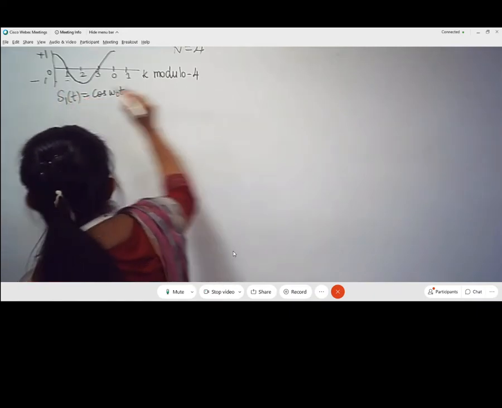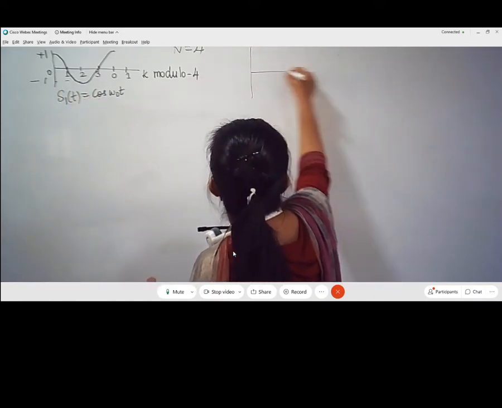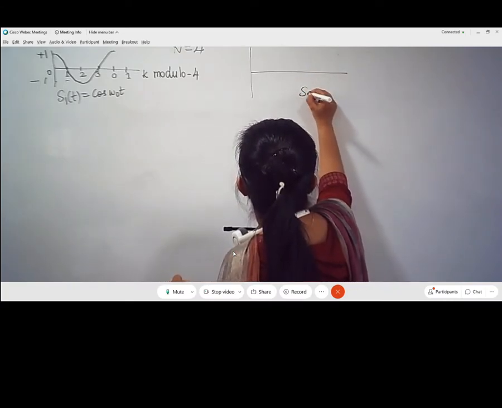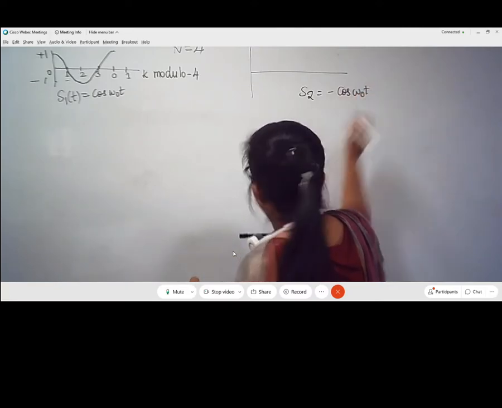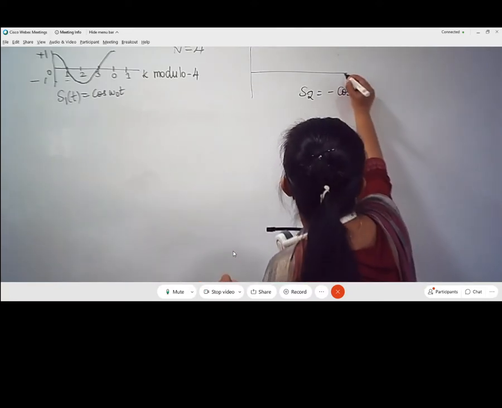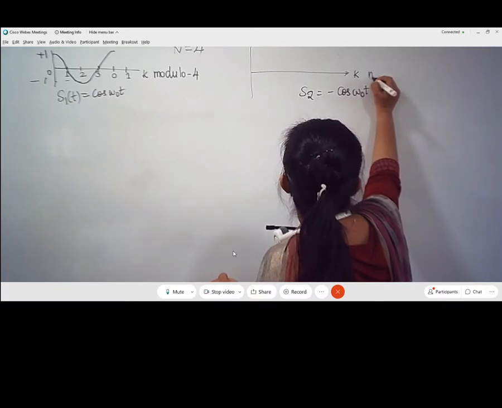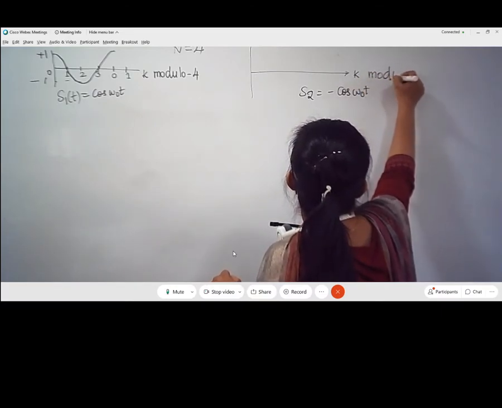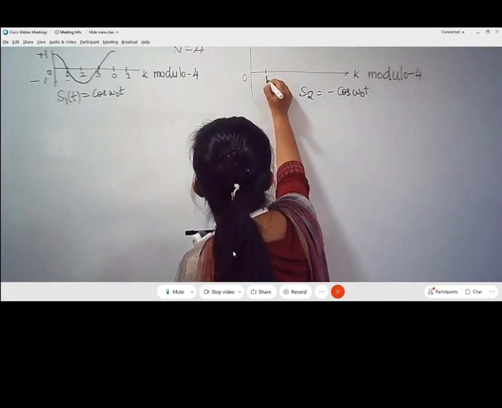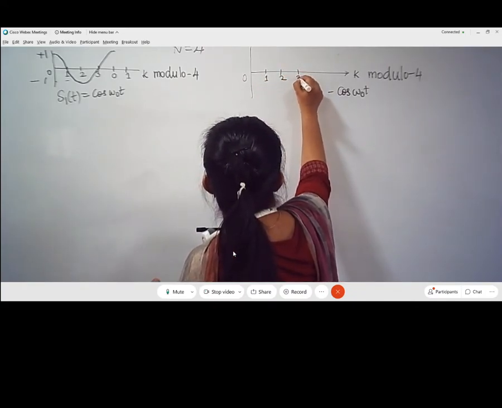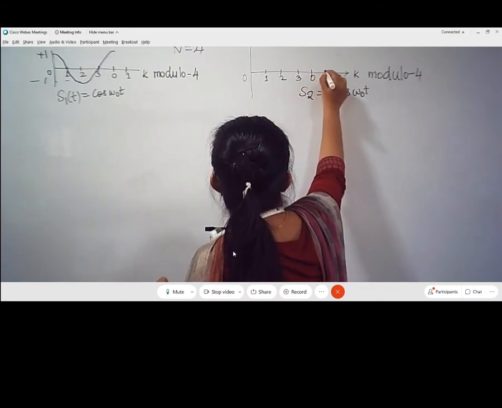The other symbol, S2, will be equal to minus cos omega naught t because it is 180 degree phase shifted. Therefore here also I am going to obtain 4 samples. This is the k axis and it is modulo 4, which means it will have 0, 1, 2, 3 and again 0, 1.